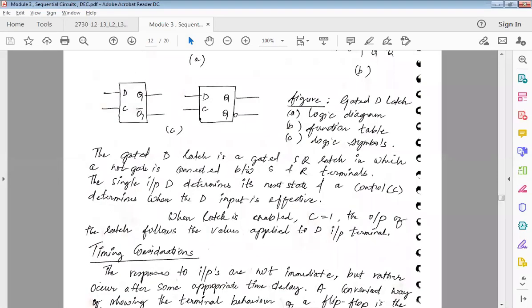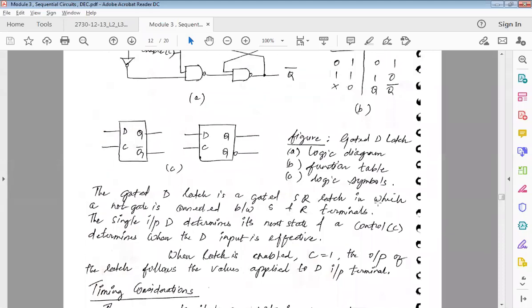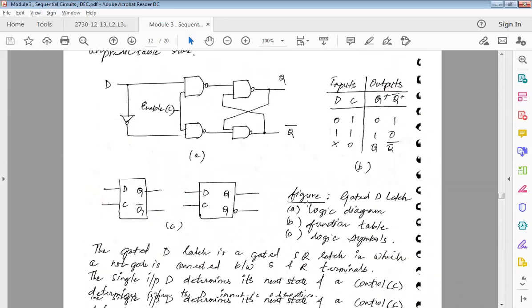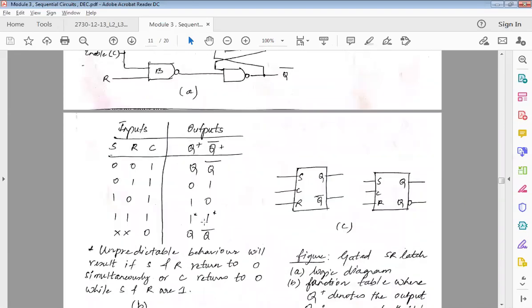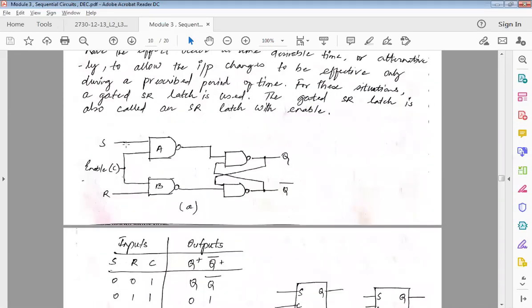The gated D latch is a gated SR latch in which a NOT gate is connected between S and R. If you compare this diagram and this diagram, the only thing you see is that between S and R, I'm connecting an inverter. That's it, everything remains the same.